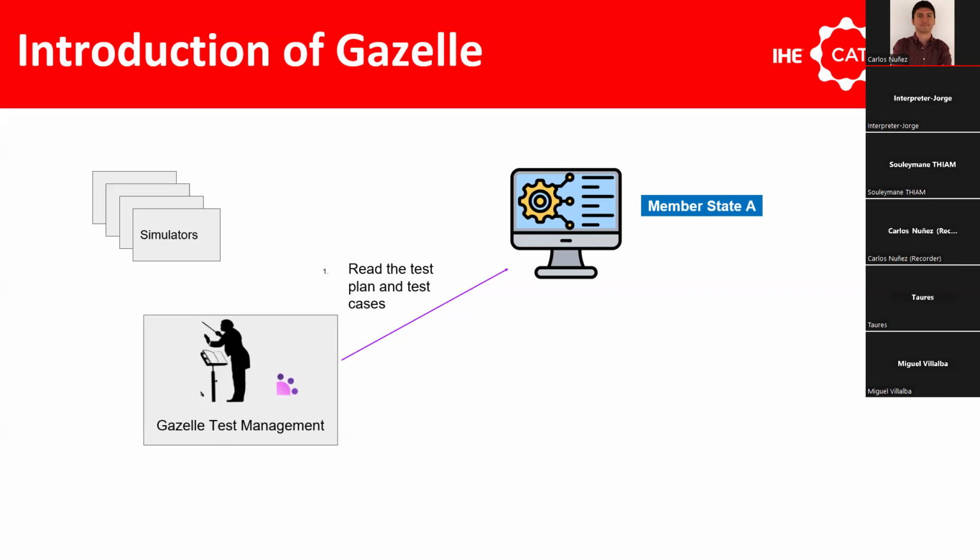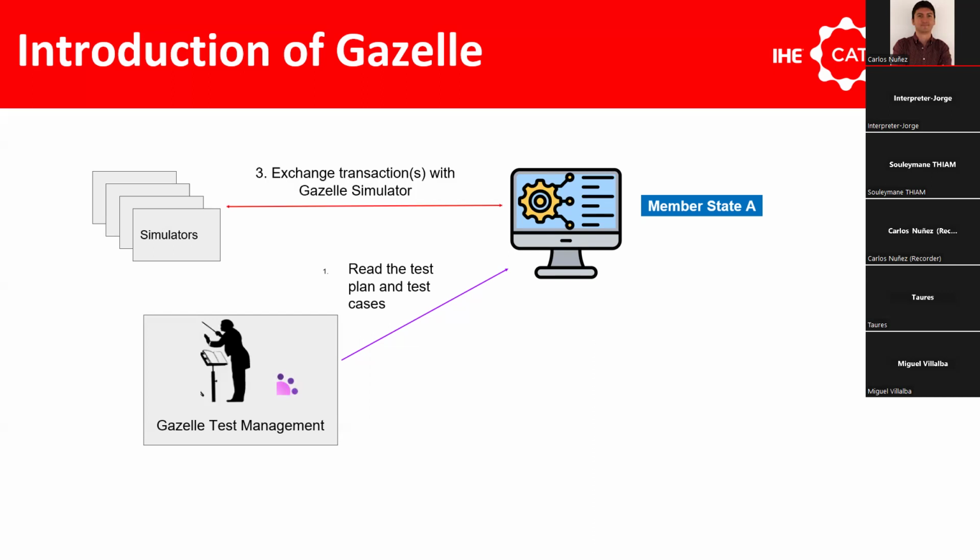In Gazelle, you will find some preparatory tests that say you need to send some transactions from your system to the Gazelle simulator. Gazelle will tell you the name of the simulator, and will also give you the link to get access to it, and some information regarding the request and so on.